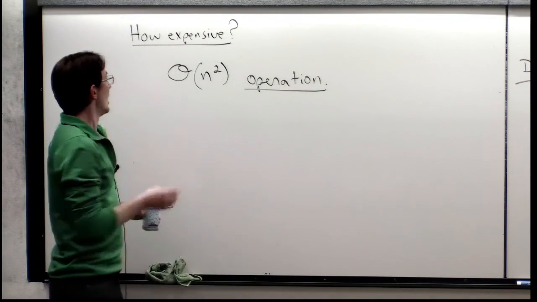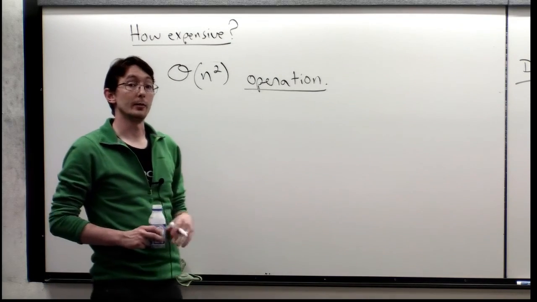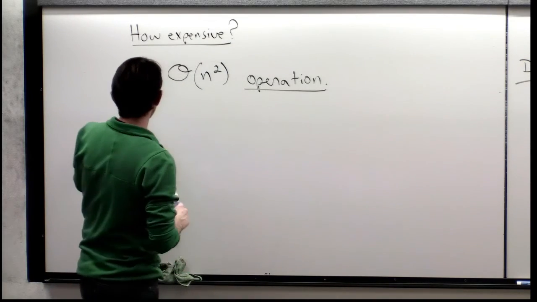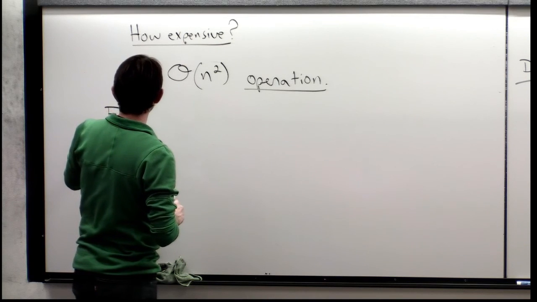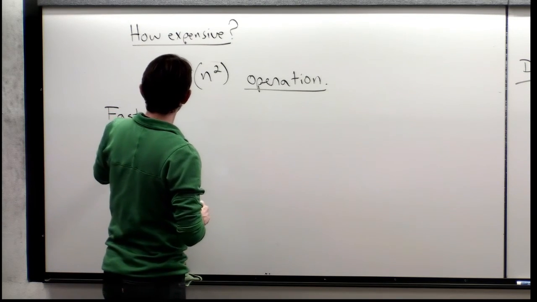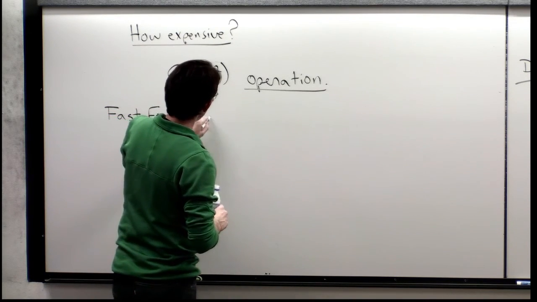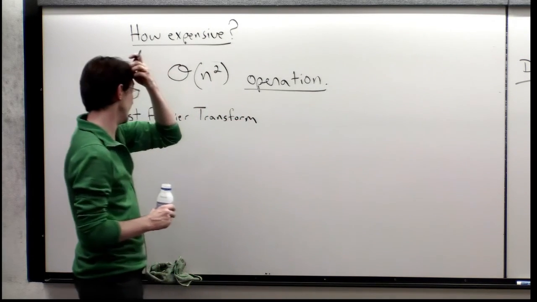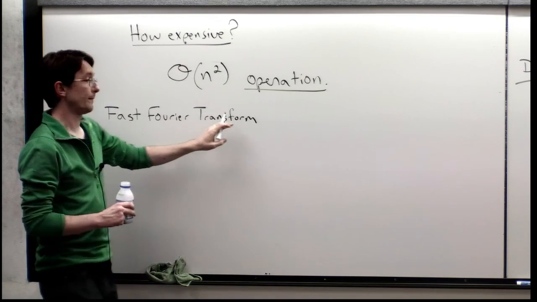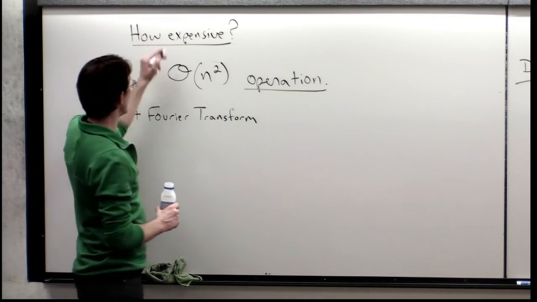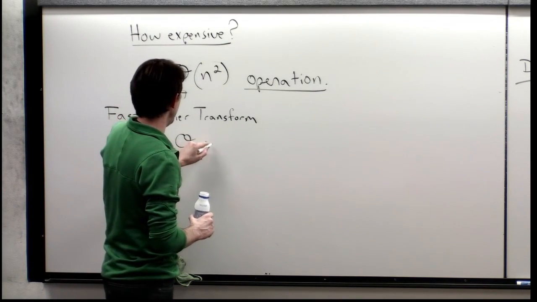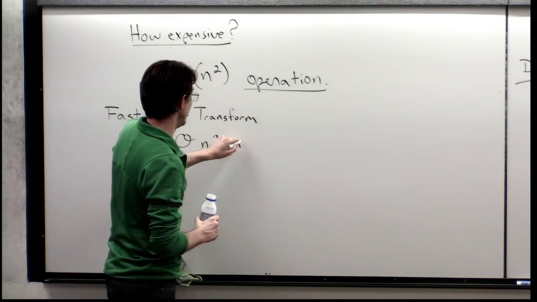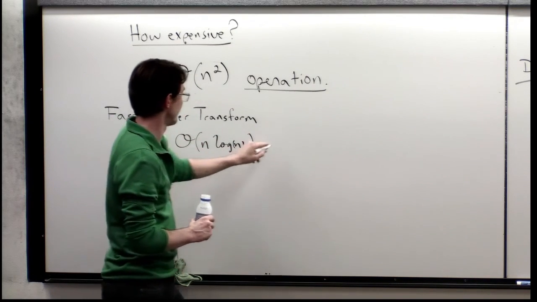I'm going to tell you about an algorithm tomorrow or in the next lecture called the fast Fourier transform. Now, this is probably the most important algorithm of the last 50 or 100 years. The fast Fourier transform brings the operation down to order n times log of n, which is much faster.